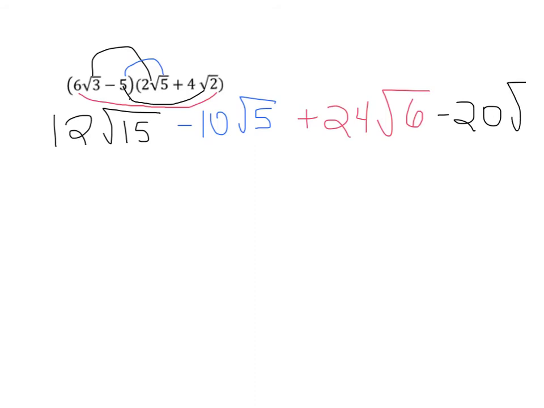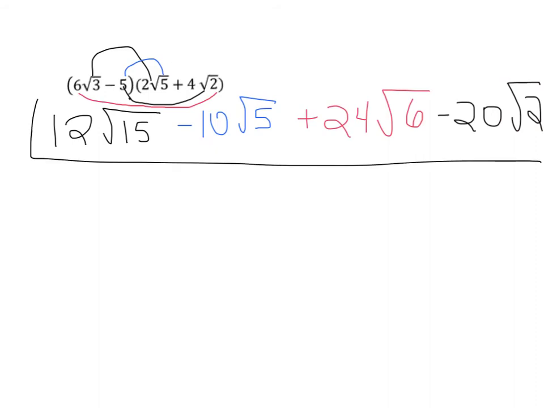And then I just have the square root of 2. Looking at all these terms, I want to see if I can simplify any more. Remember, you can't add or subtract any type of radical unless they have the same number underneath the radical. In this case, none of them are the same, and we can't reduce any of the radicals, so this would be our final answer.